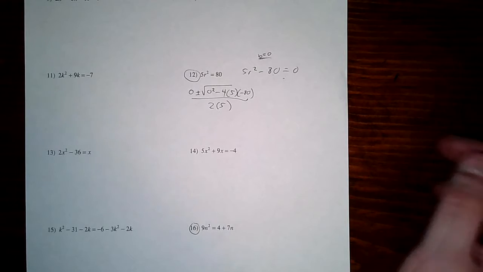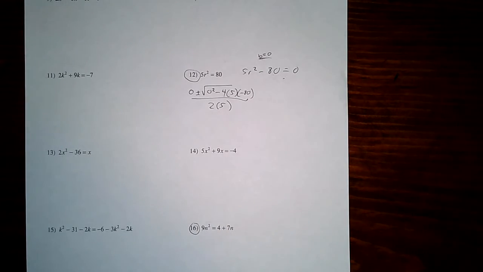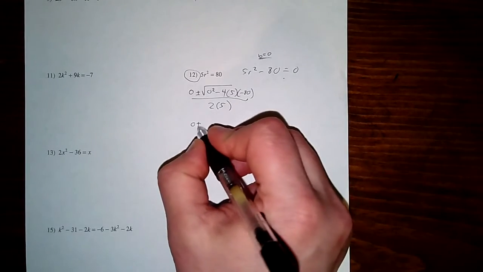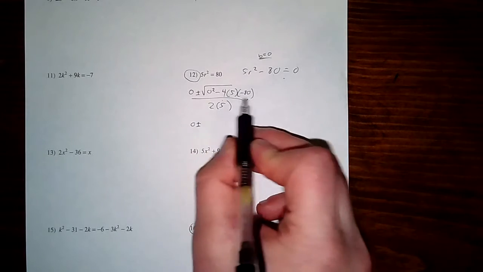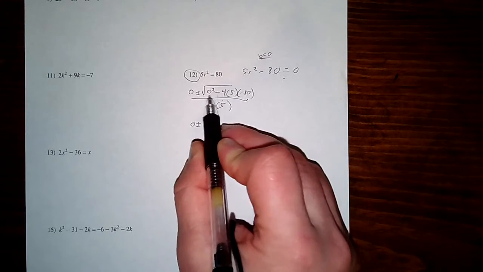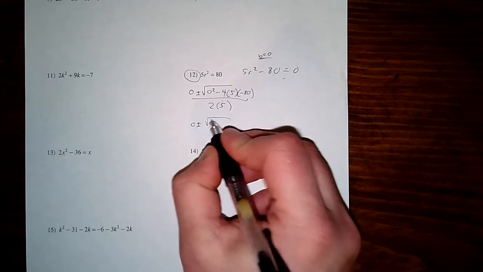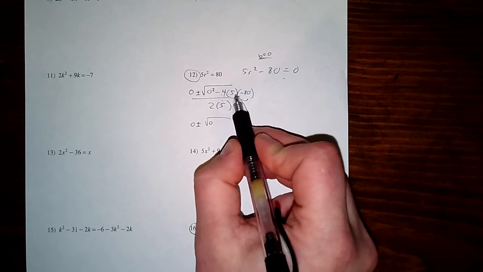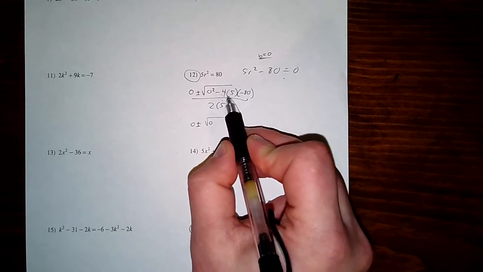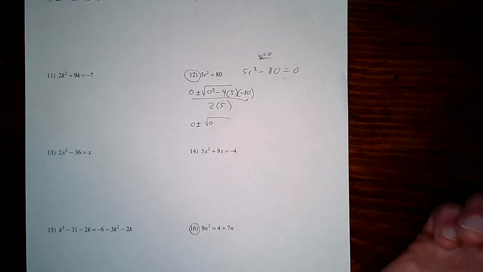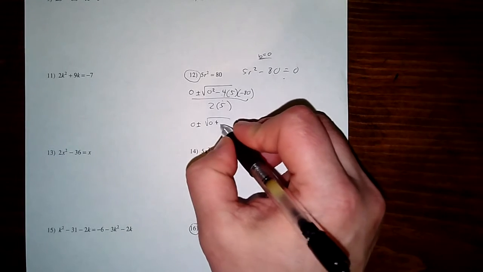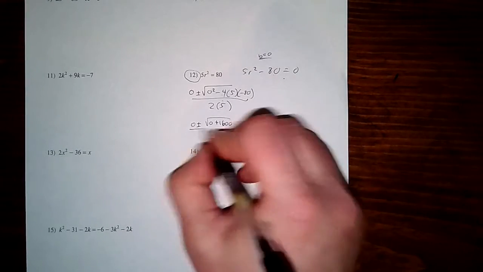And the reason why b being 0 works out really nicely is things just simplify out pretty good. So in this case, you're just going to do 0, and then negative 4 times 5 is going to be negative 20, and negative 20 times negative 80 is going to be plus 1600 all over 10.